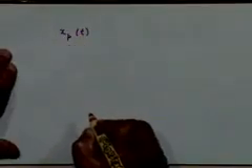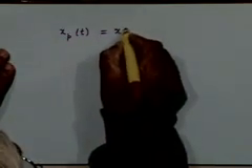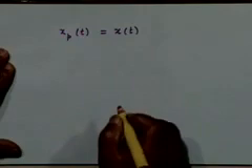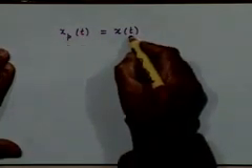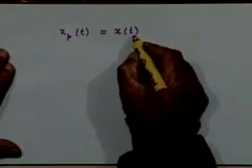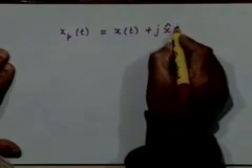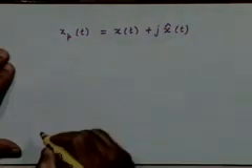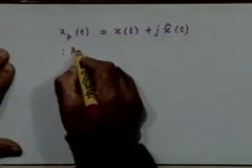We had just defined the concept of an analytic signal x sub p of t for a given real signal x of t, as a complex valued signal whose real part is the given signal x of t and whose imaginary part is the Hilbert transform of x of t. So this is the analytic signal.